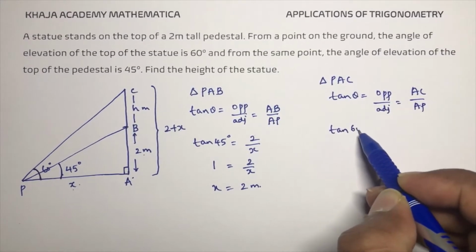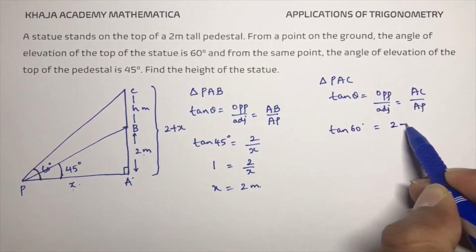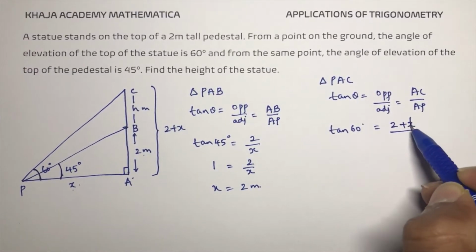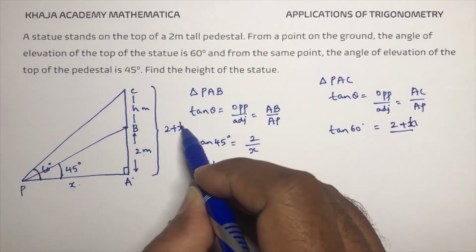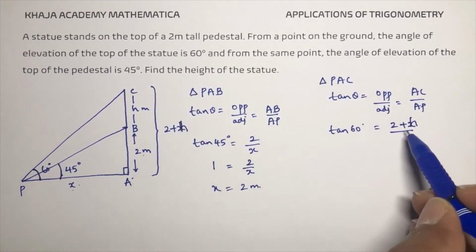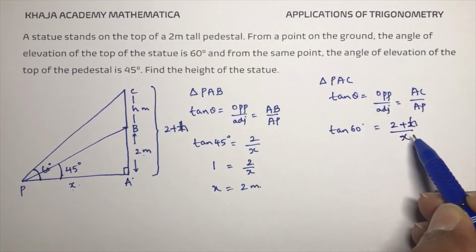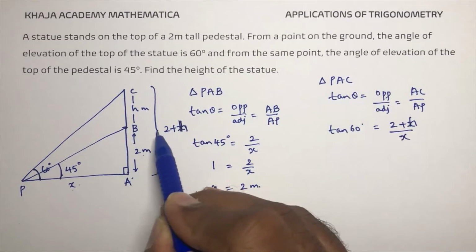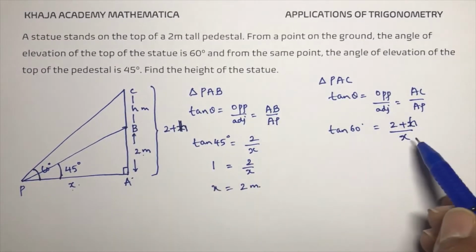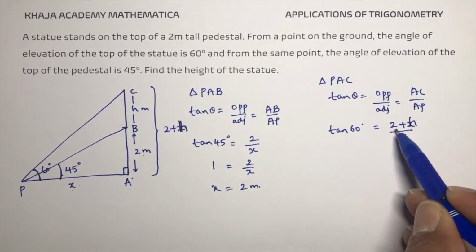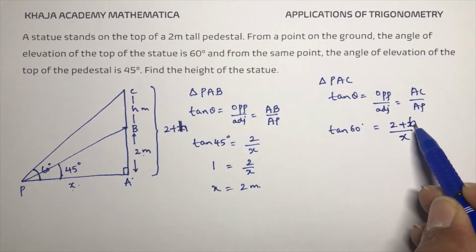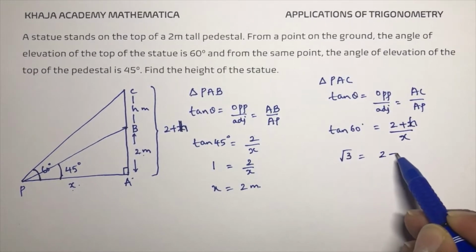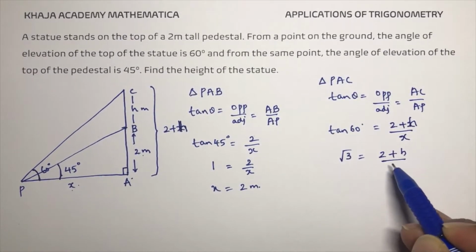So tan 60 degrees, opposite is 2 plus h, the AC value, and adjacent is AP, which is x. Here I wrote x, but actually it is h, because this is h meters, so 2 plus h. And tan 60 is 2 plus h by x. So tan 60 value is root 3. Root 3 is 2 plus h by x.